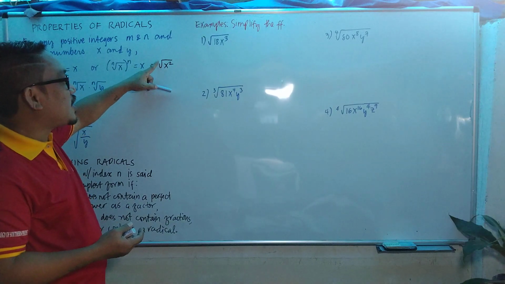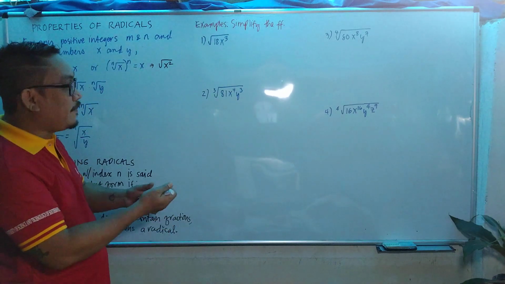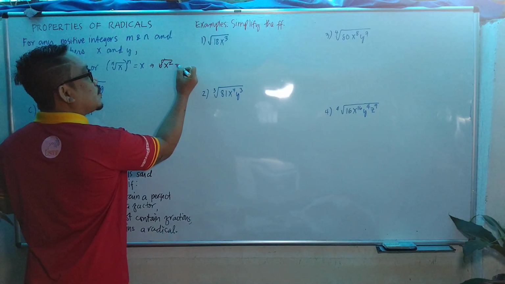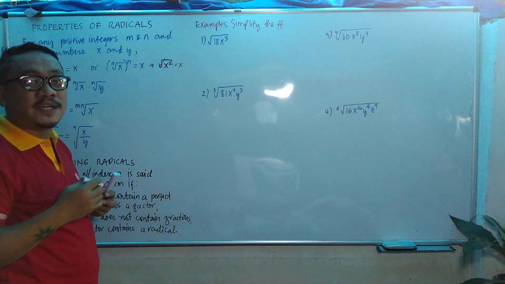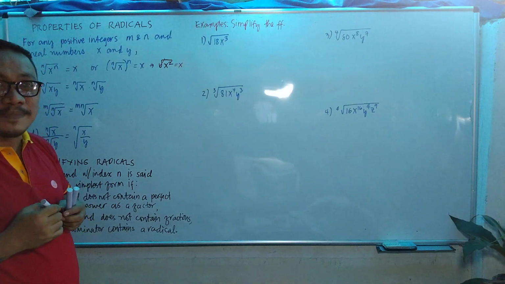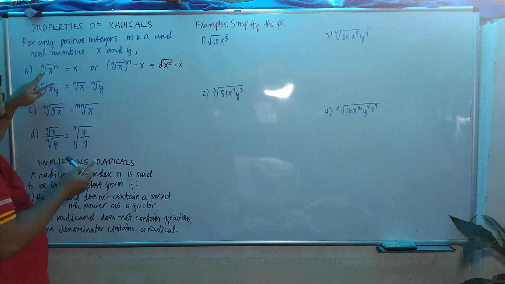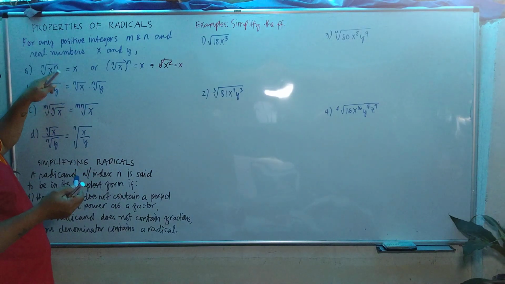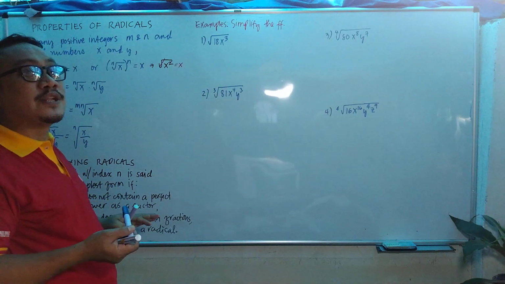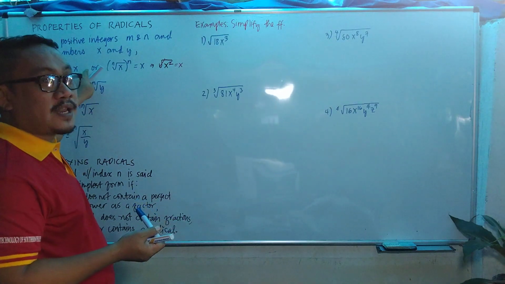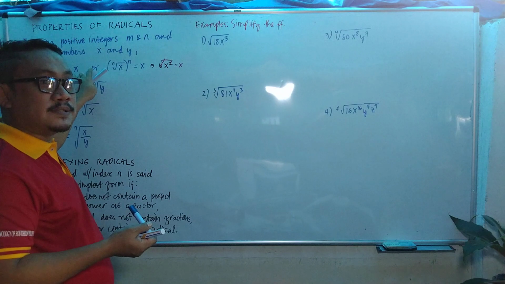So the index is 2 and the power is 2, so the radical and the squared cancel. What is left? Just x. Understood? Again, whenever the index and the power inside the radical have the same value, they cancel, and what is left is what is inside the radical.